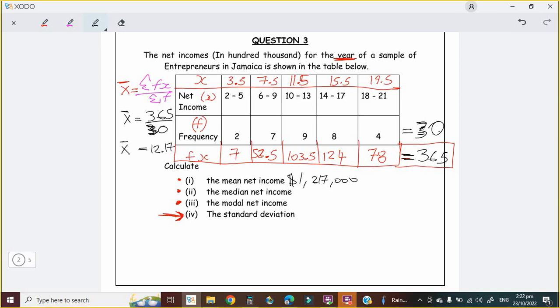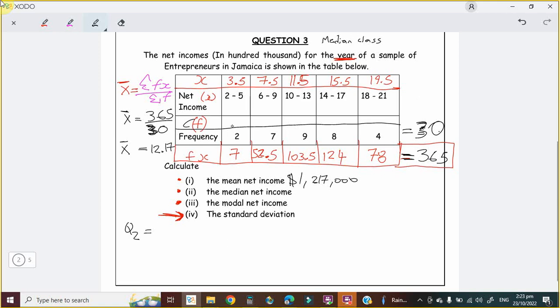All right. Median was Lamario's, right? Take it away. How are we going to find the median now? 10 to 13.